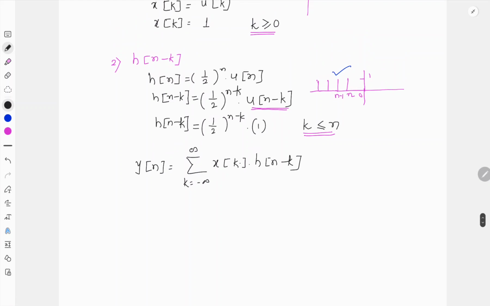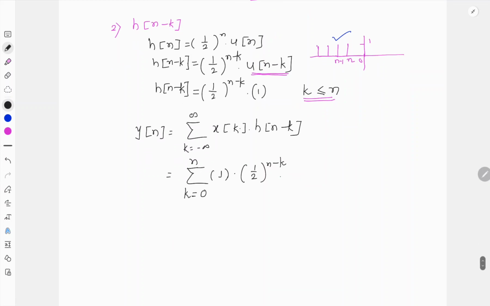From the above two cases, we have the limits of k: k greater than or equal to 0 and less than or equal to n. For these limits, x of k is 1 and h of n minus k is 1 by 2 raised to n minus k. So we have to evaluate this summation.